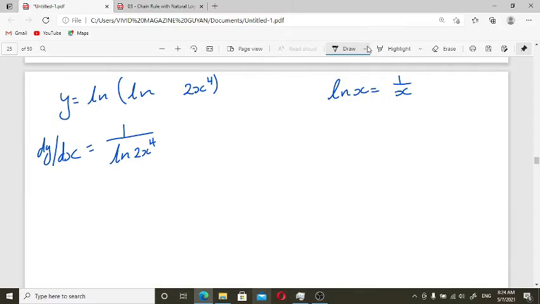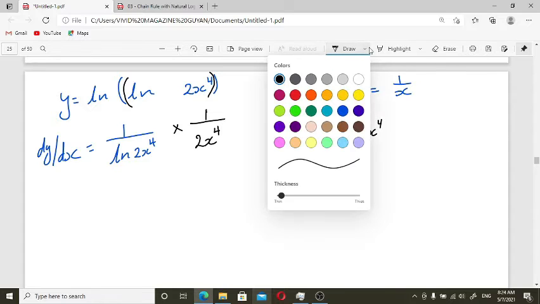So next now, I have this to deal with. So what I'm looking at now is 2x to the fourth power. In actually writing that out, again it's an ln, so it's 1 on top, and whatever else remaining goes at the bottom. So I have 2x to the fourth. And let me change color one more time.